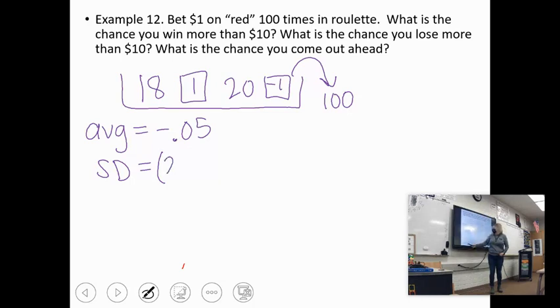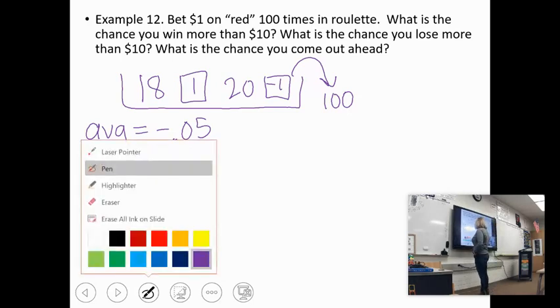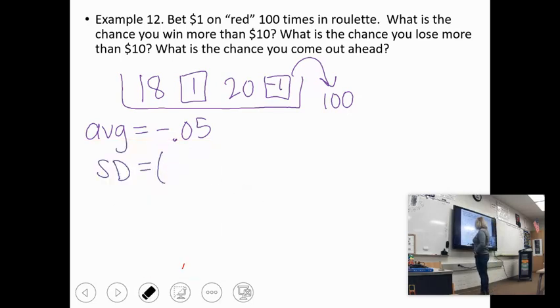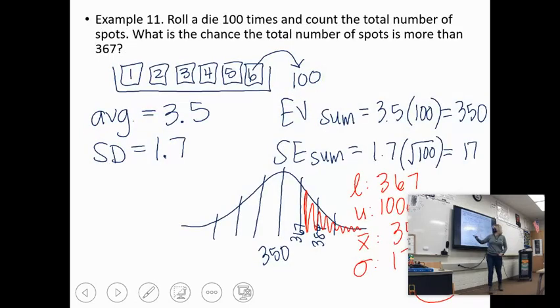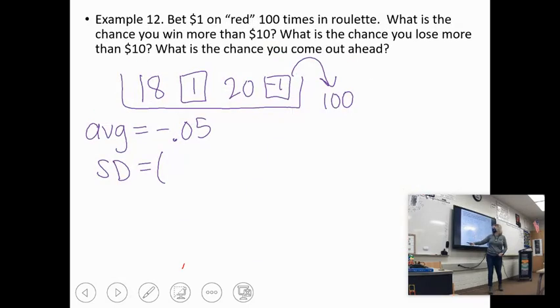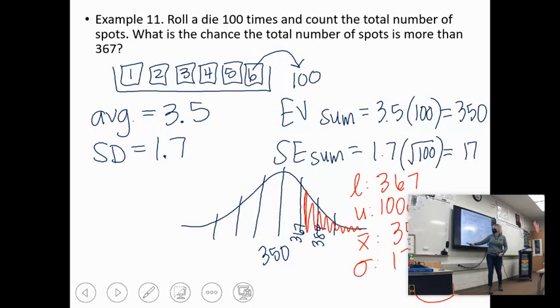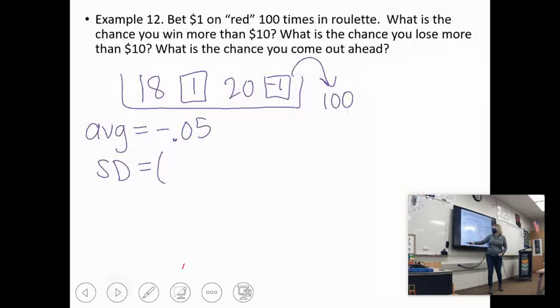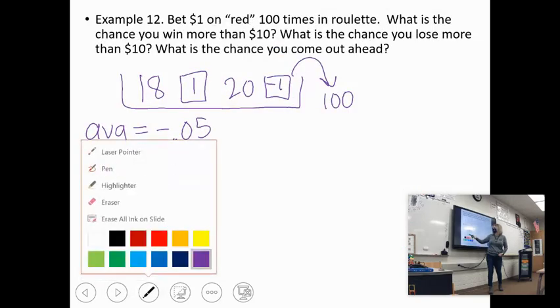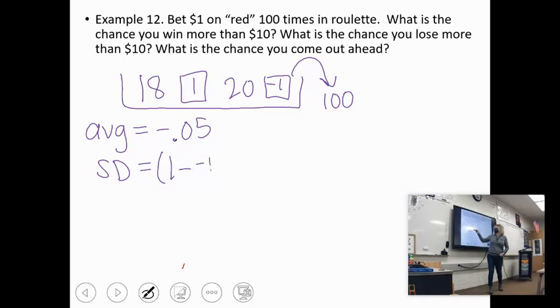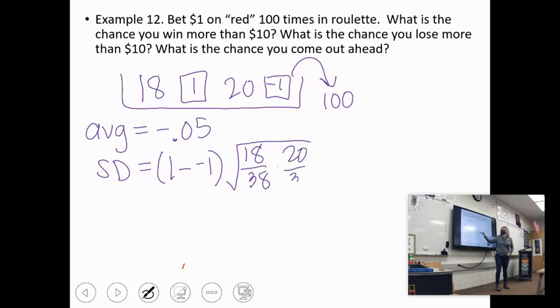Wait. Hold on. Yep. So the large number on the tickets, which is 1 minus -1, times the square root of 20 over 38 times 20 over 38, right?